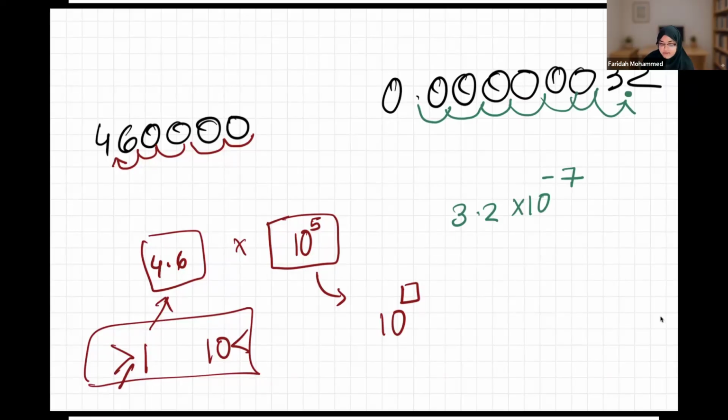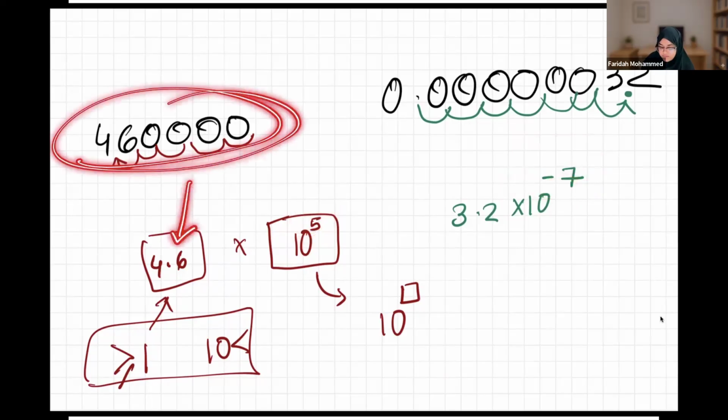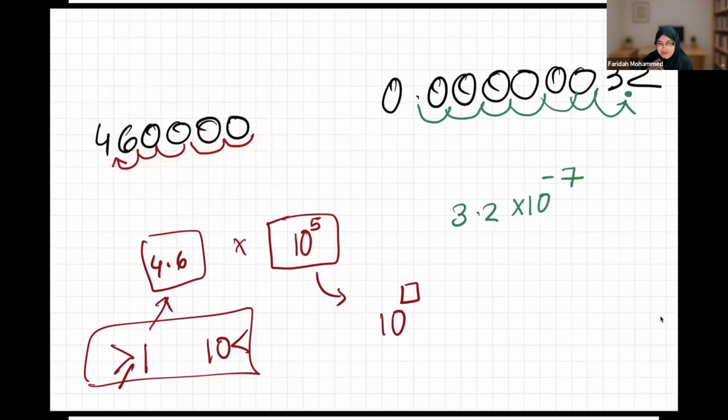I know some of you might get confused about when it's going to be positive and when it's going to be negative. You can remember it like this: 460,000 is a bigger number, right? So you want to condense all the zeros at the later part.